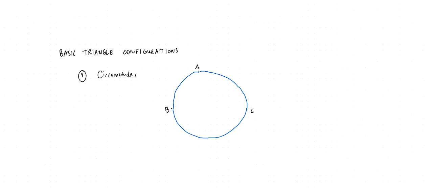So this will have a center, of course. The statement is, let A, B, C be not collinear, then there is a unique circle passing through A, B, C.